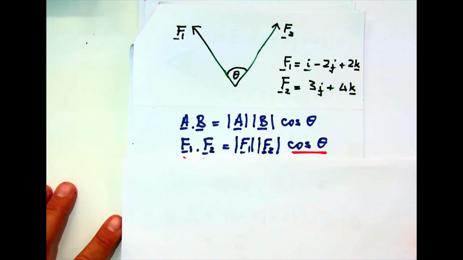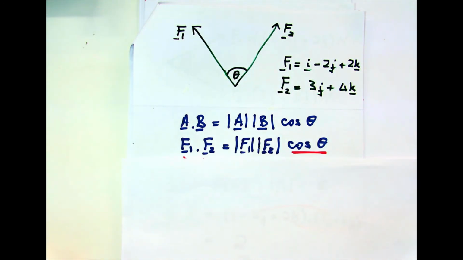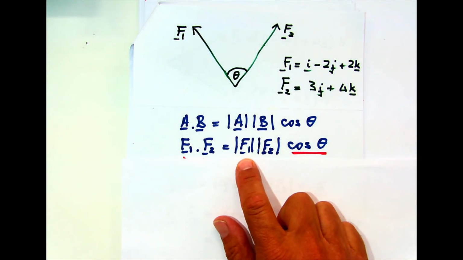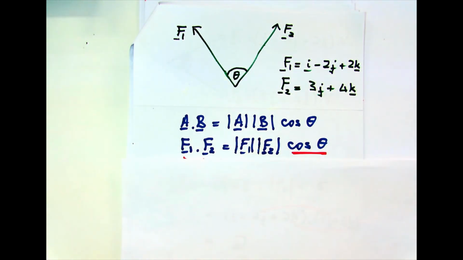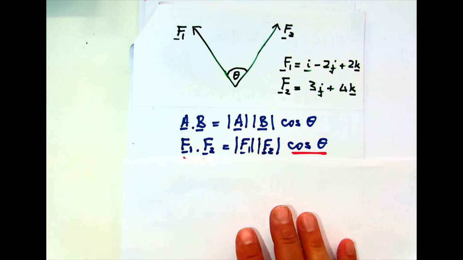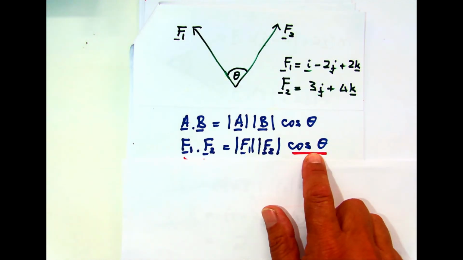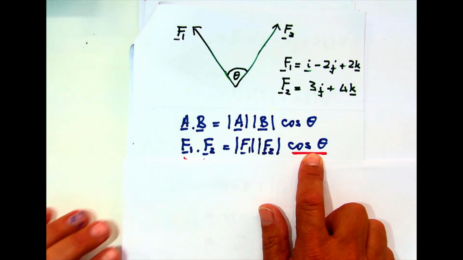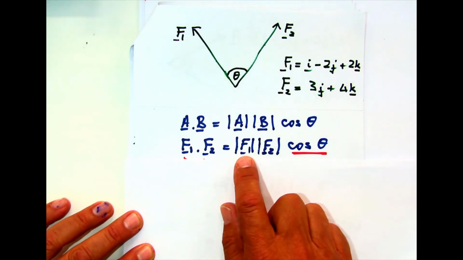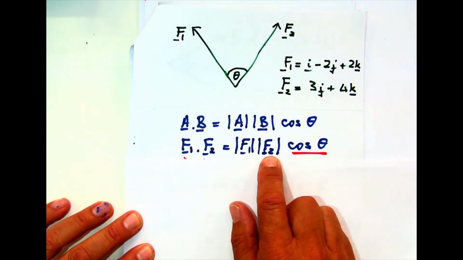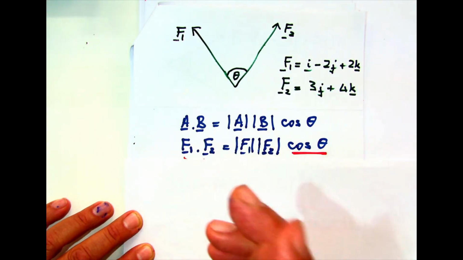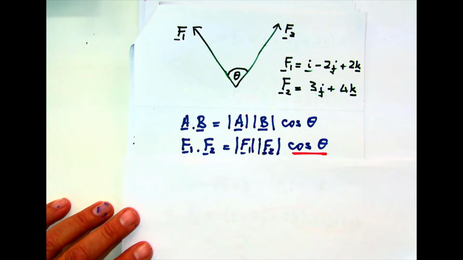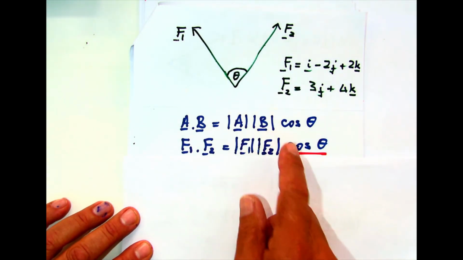So if I have two forces, F1 and F2, I'll take the magnitude of the one force, magnitude of the other, and the cos of the angle between the two. So that's your definition. So, okay, let's say I want to find the angle between two vectors. What do I need? I need the magnitude of the one force and the magnitude of the other force, and I need the dot product. But there's another way of working it out instead of this one here.